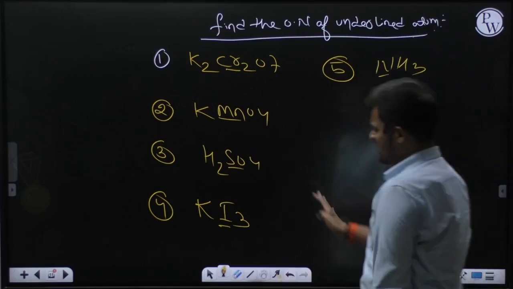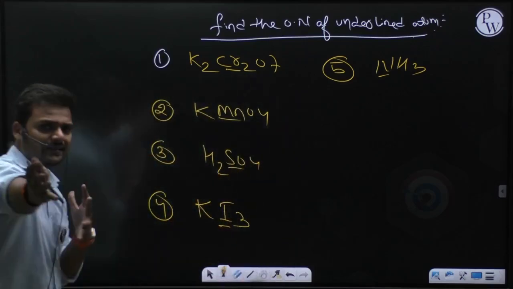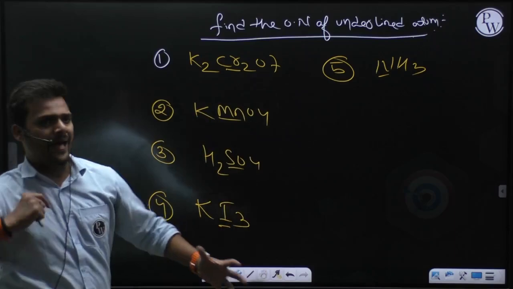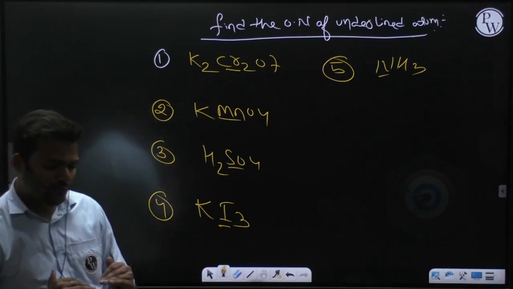So let us first solve these simple examples, then we'll complicate the reactions, and then we'll handle some complicated examples. First of all, we need to go through the very basics.